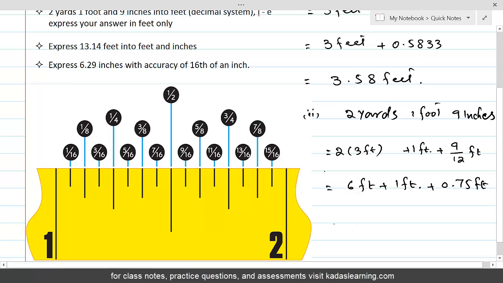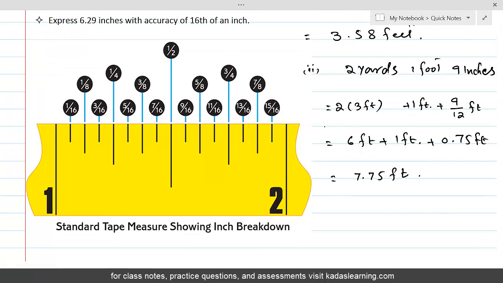So if we add this up, we end up with 7.75 feet. So it really depends what unit you want to convert into, or if you want to convert it into the decimal system, you can do that as well.